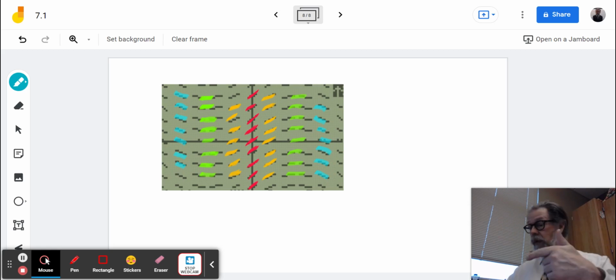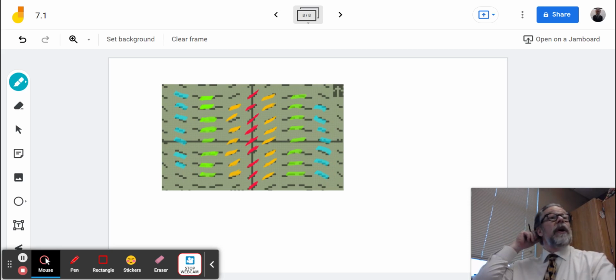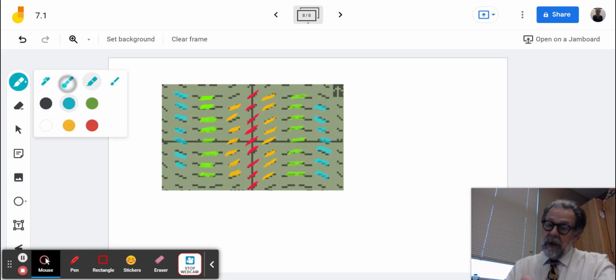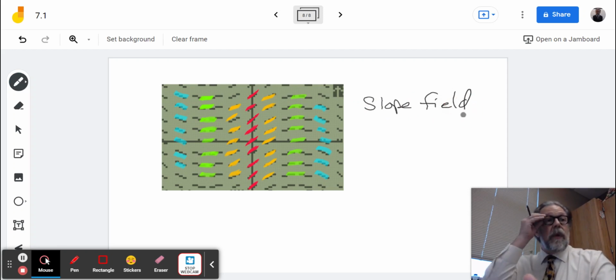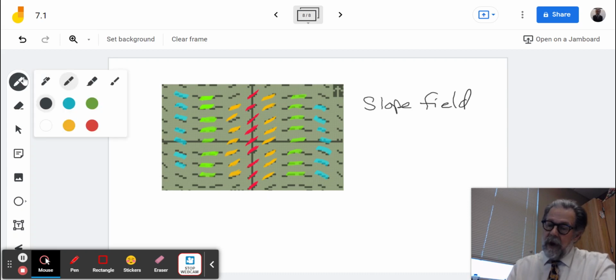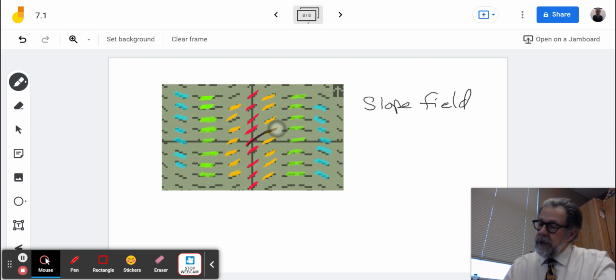So we know that this is a graph of sine. And what we can see is that if we look at this, what we call a slope field, we've got some possible solutions. We have a possible solution that looks like this.